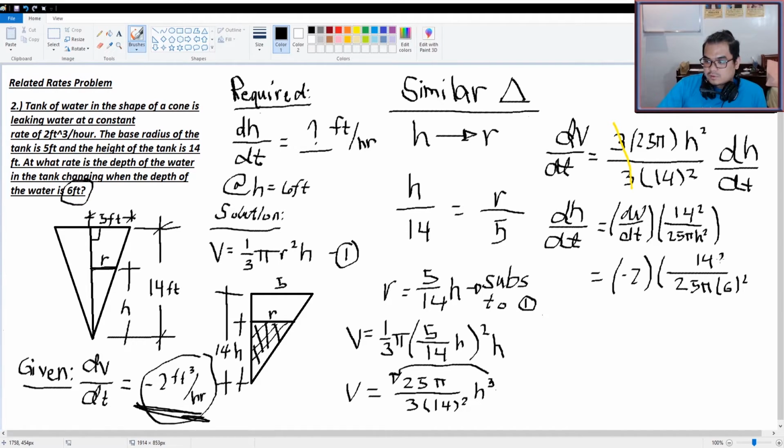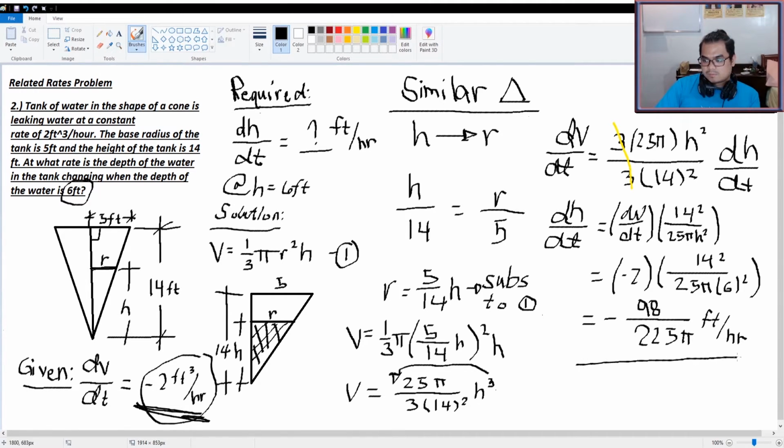Simplifying that, you'll just have negative 98 over 225 pi, and that is in feet per hour. And that's your answer. Okay, so let's move on to the next problem.